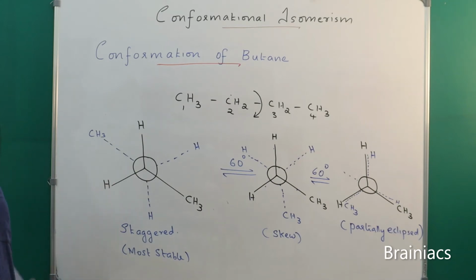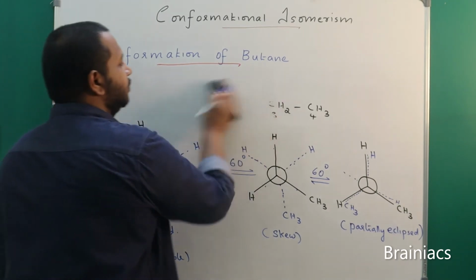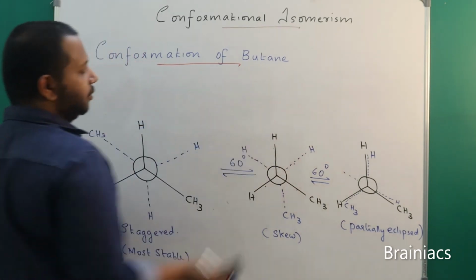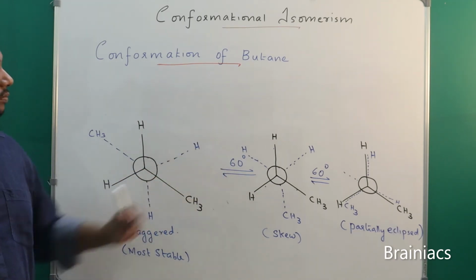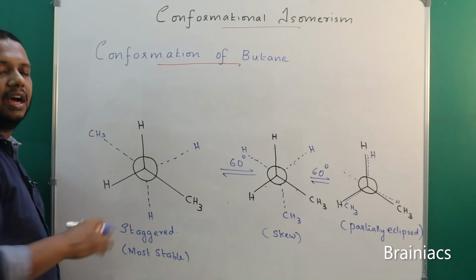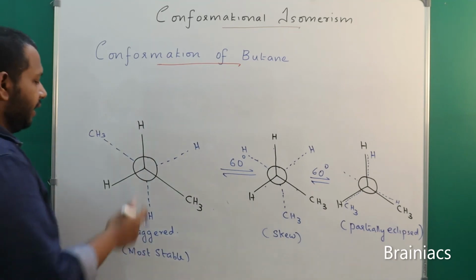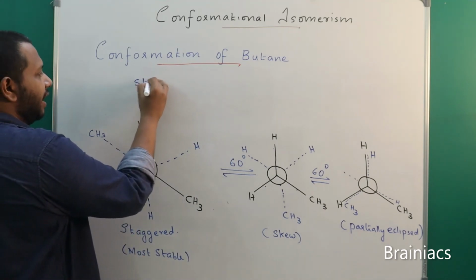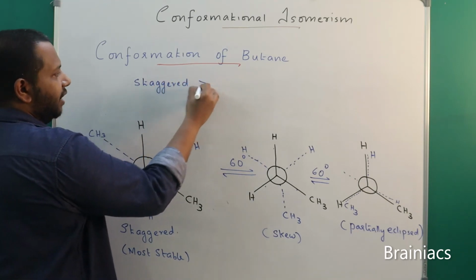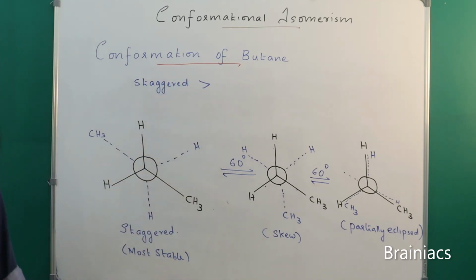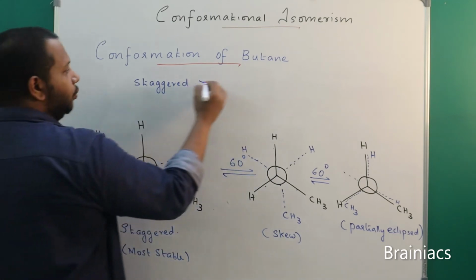So what conclusion can we draw from these figures? A simple conclusion: if you are asked to write the stability order, the most stable one is staggered. After staggered, who will come next? After staggered we know skew forms will come.